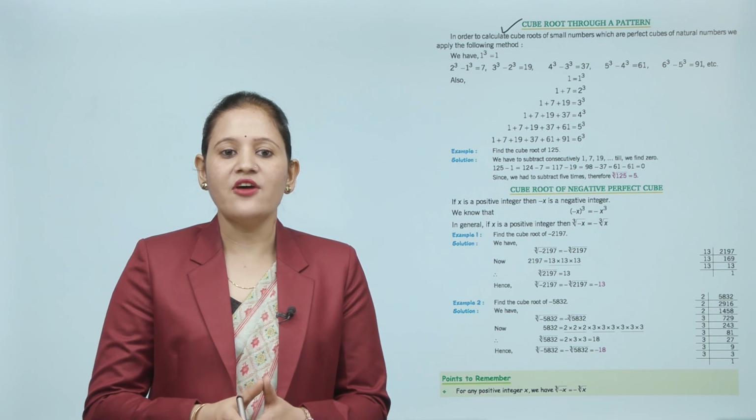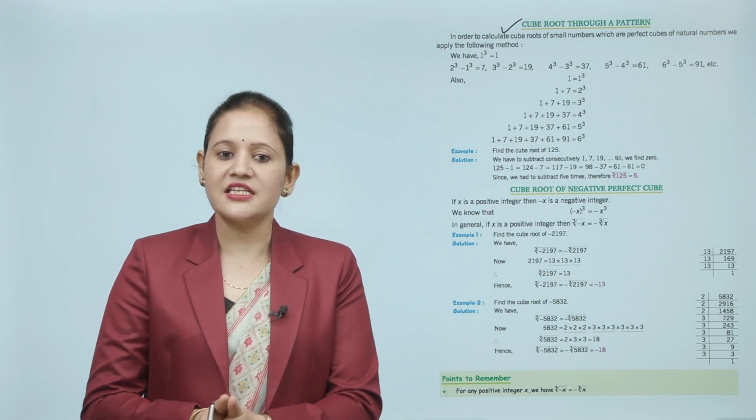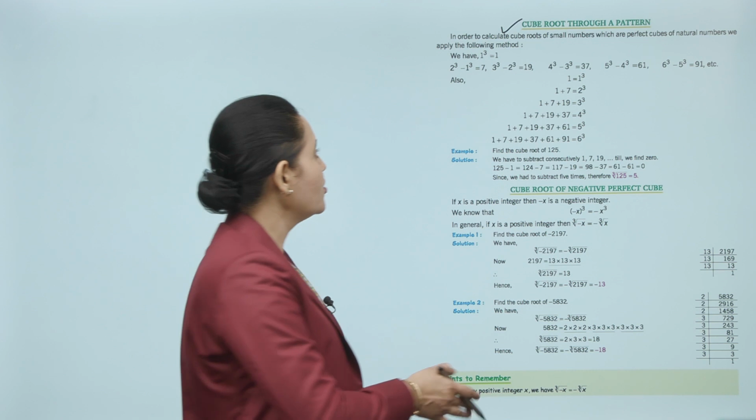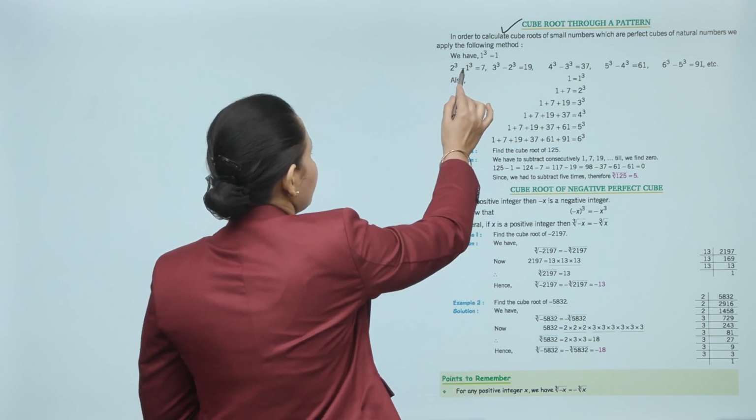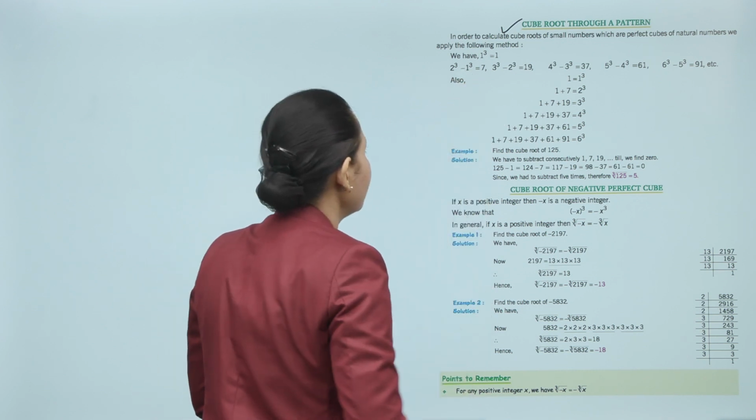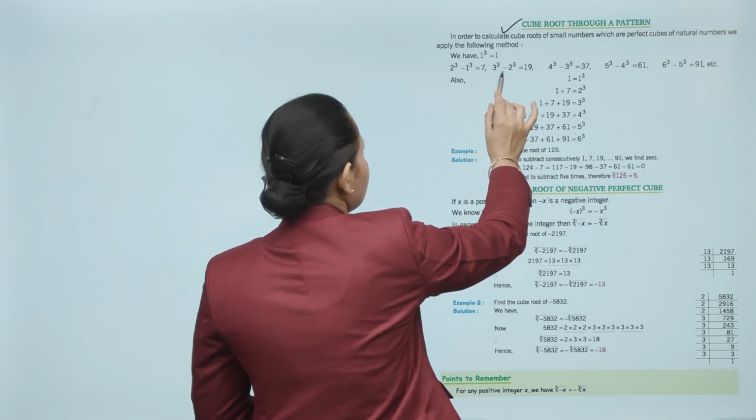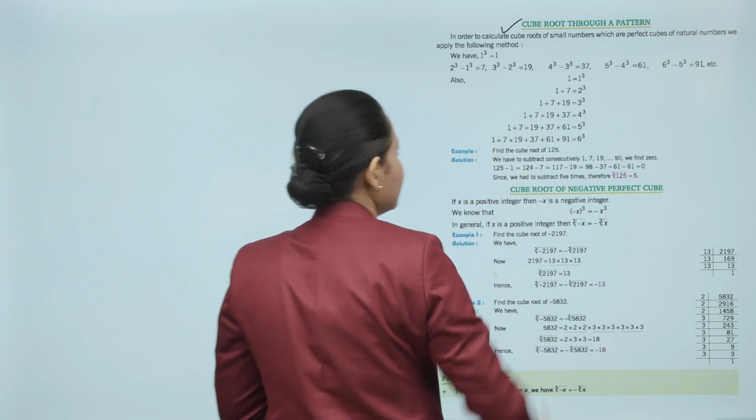We have 1 to the power 3 that is equal to 1. So 2 to the power 3 minus 1 to the power 3 that is 7. Then 3 to the power 3 minus 2 to the power 3 that is 19.